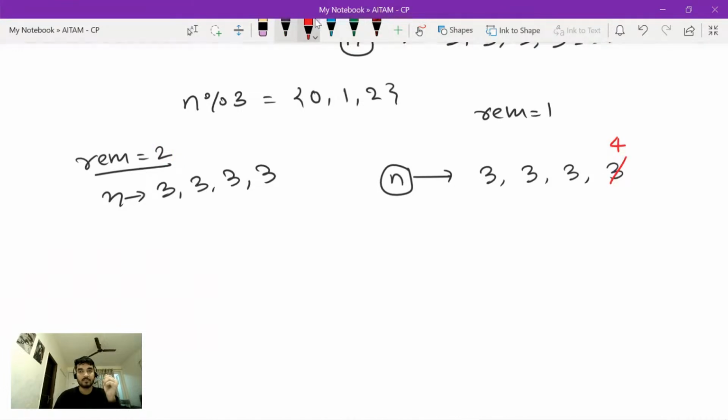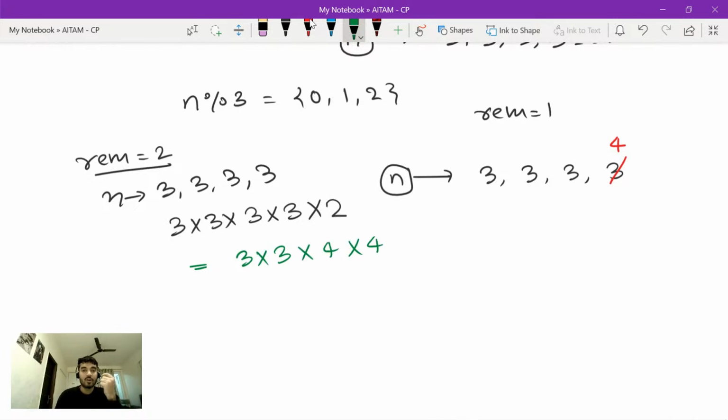Some of you might be wondering that I will increment one component value by 2, so now it is equal to 5. But this will not give you the best result. The best result is to add this component separately. So 3 multiplied by 3 multiplied by 3 multiplied by 3, and then add this component separately of size 2. Now this is the best result, and this best result can also be achieved with this path: 3 multiplied by 3 multiplied by 4 and multiplied by 4.